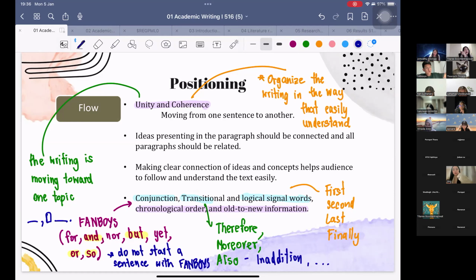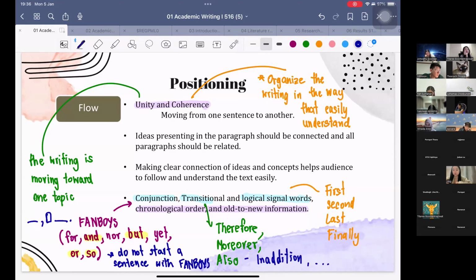These are the connectors that you can use instead of and if you need to start a sentence with and in an academic sense. Again, if you want to start the sentence with the word so, we do not. We start with words like therefore, despite this, or however, which are more appropriate for academic writing.